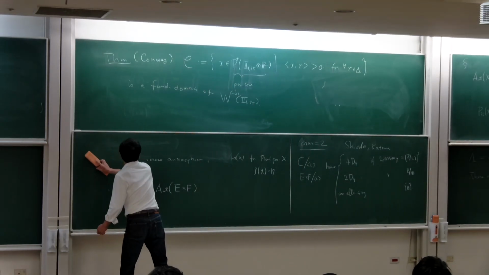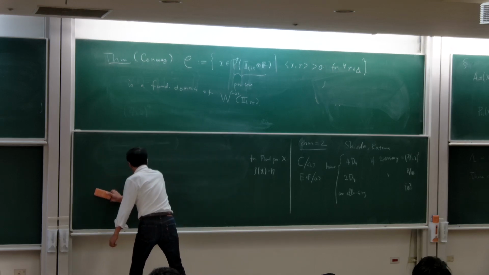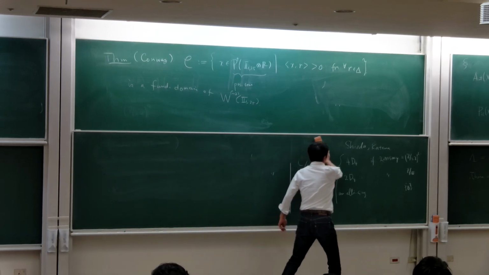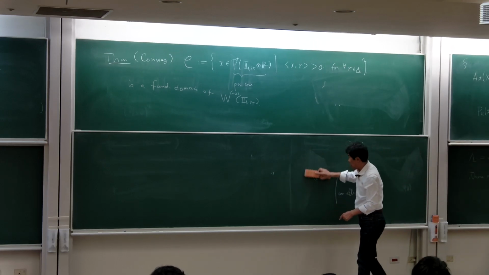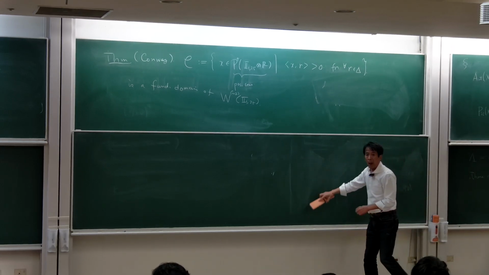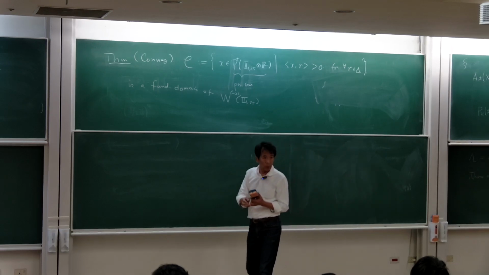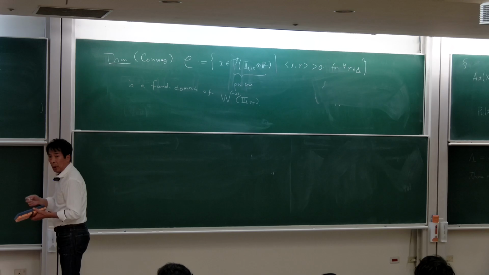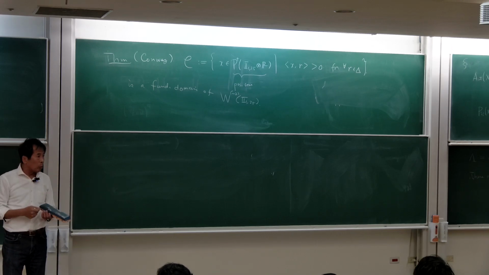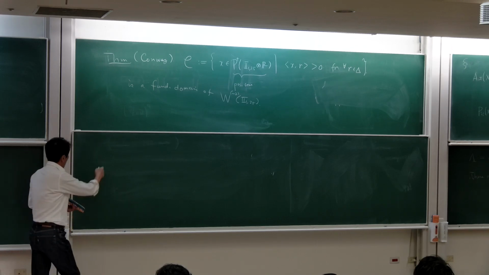Borcherds used Conway's theorem to study the hyperbolic reflection groups or hyperbolic lattices. And he described the structure of the orthogonal group by using this.